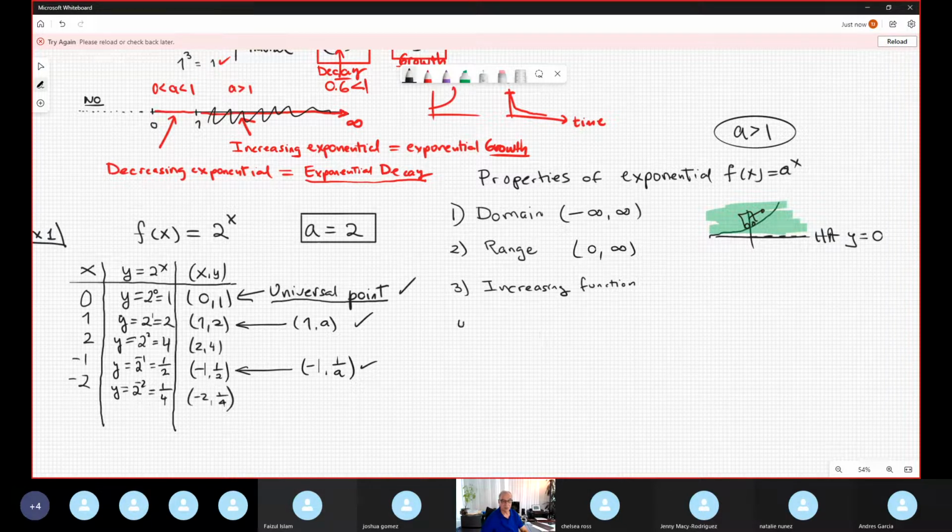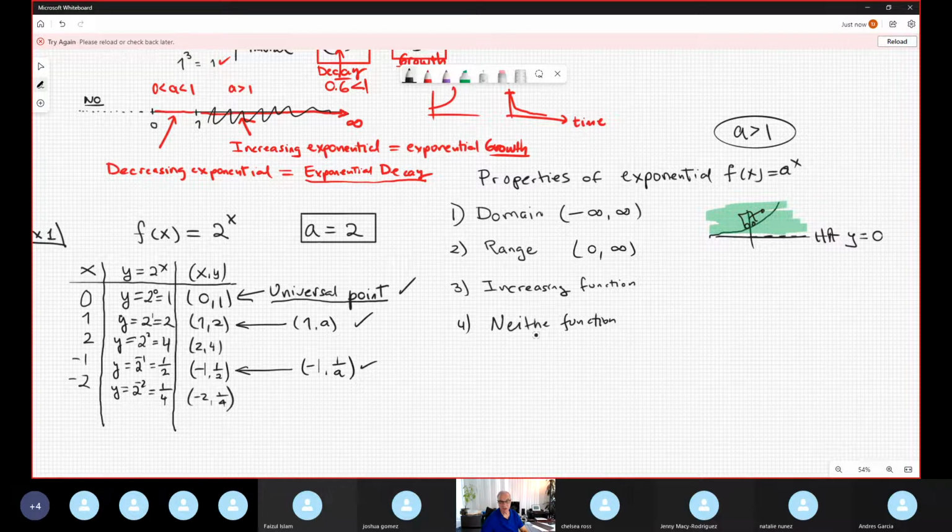Okay, number 4 is important: it is neither even nor odd, no symmetry. Fortunately, the positive part behaves completely different from the negative part.